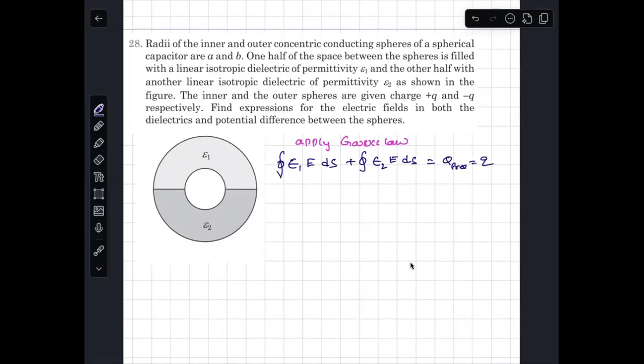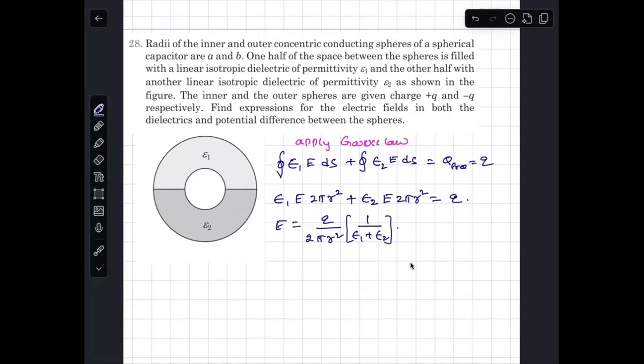Right. Next. So this can be written as epsilon 1 E 2 pi R square plus epsilon 2 E 2 pi R square is equal to Q. So therefore, E is Q by 2 pi R square times 1 by (epsilon 1 plus epsilon 2).